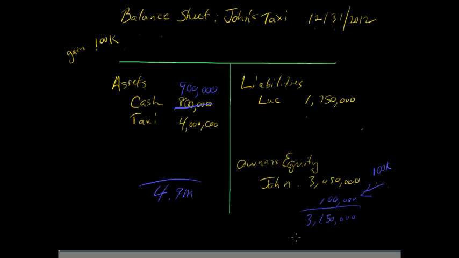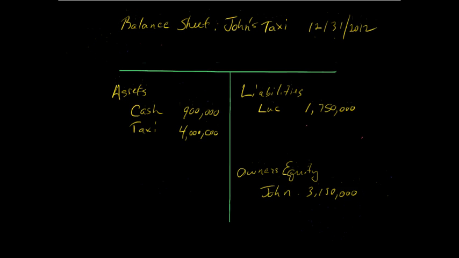And so now over here, if we did our total, we'd be at 4.9 million. And over here, when we do our total, we find that also we are at 4.9 million. And so the balance sheet is balanced as a result of the gain of 100,000.